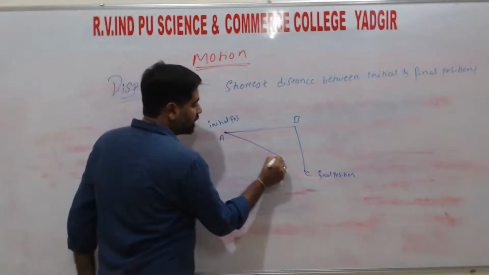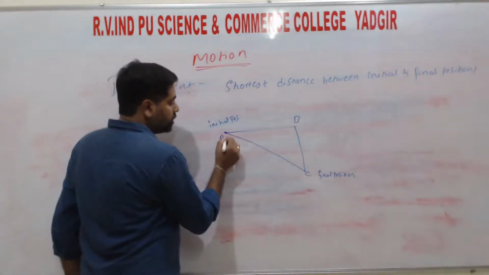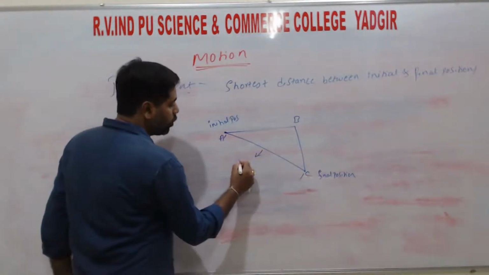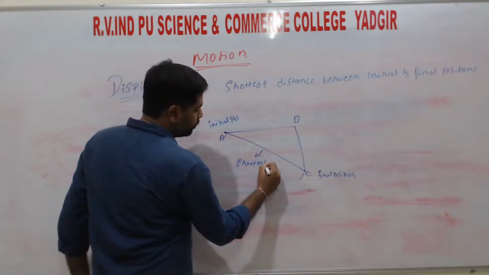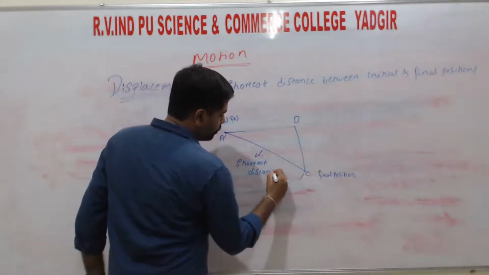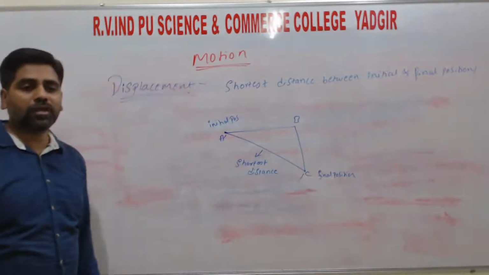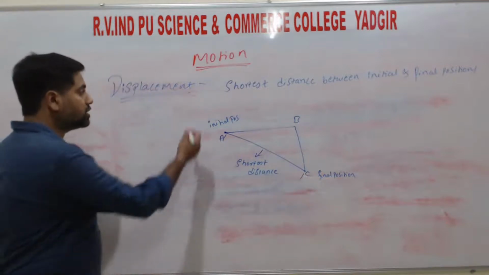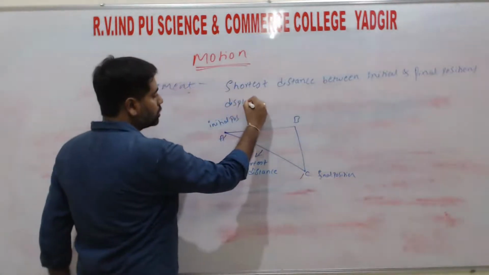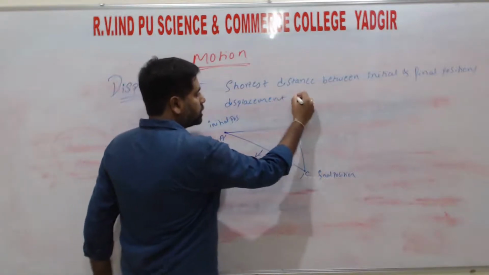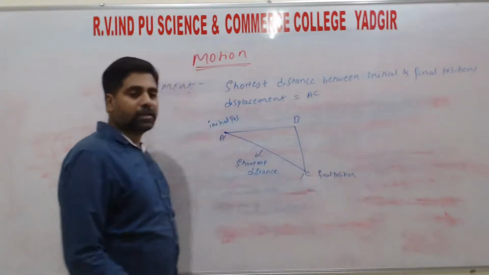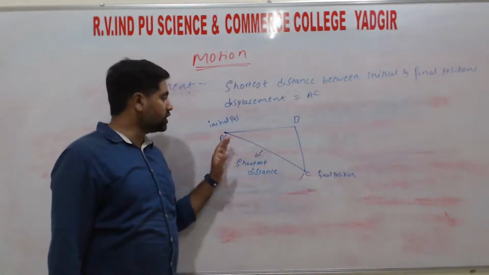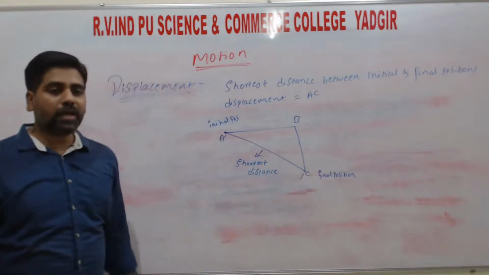If we draw one straight line from A to C, this distance gives the shortest distance from the point A to C, right? This gives the shortest distance between the initial point and the final point. So hence the displacement is equal to AC, right? So AC is the shortest distance between the initial and final position.